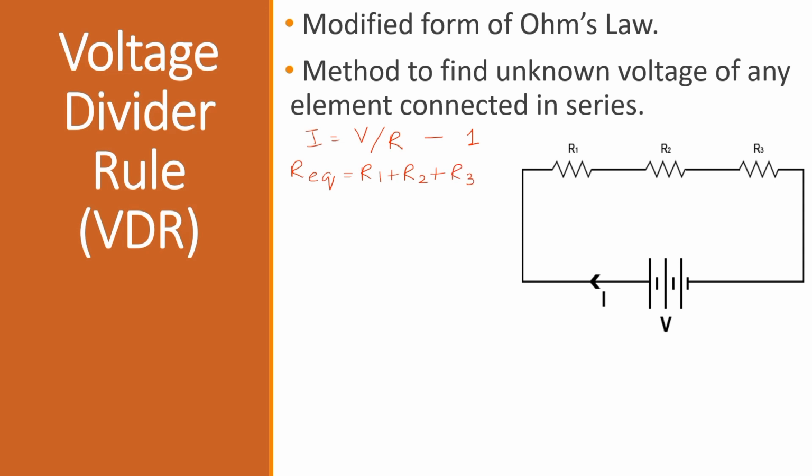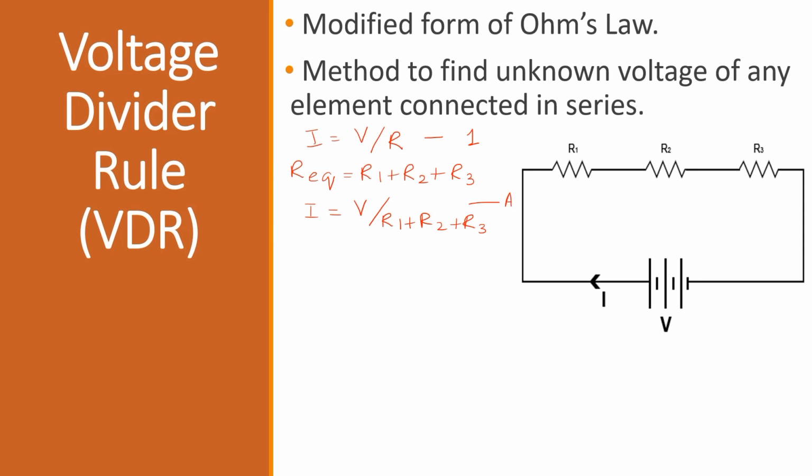Now, by putting this value of R equivalent in equation 1, we get I is equal to V divided by R1 plus R2 plus R3. This is your equation number A.